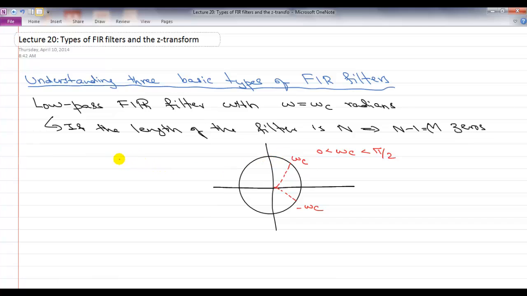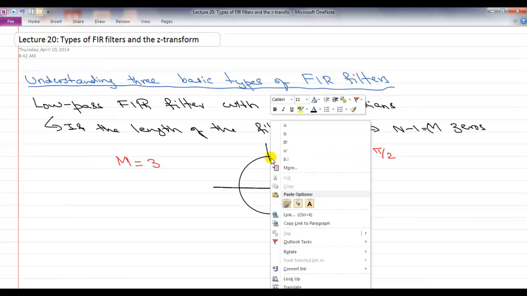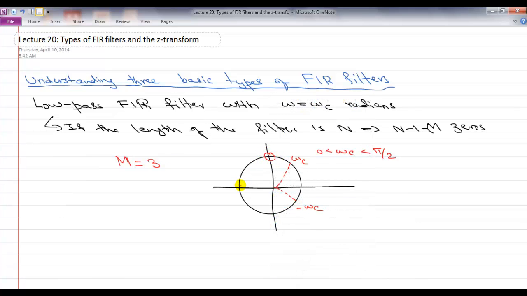If I take the example of M equal to 3 or N equal to 4, a length 4 moving average filter, I will have a zero here, here, and for example here. To make it a stronger FIR filter, you can keep on adding zeros on the unit circle in the region away from omega c to minus omega c. So that is what a general low pass FIR filter will look like in the Z domain.